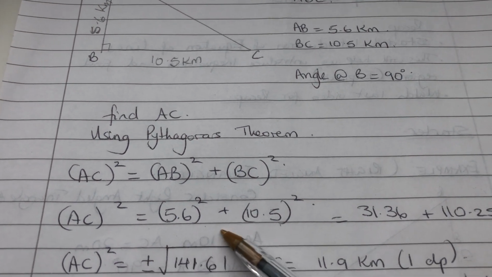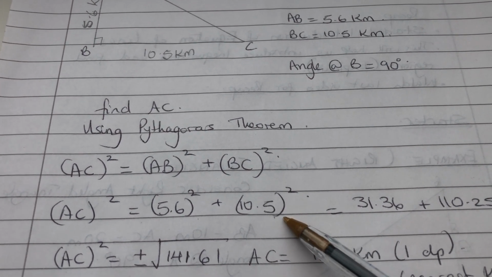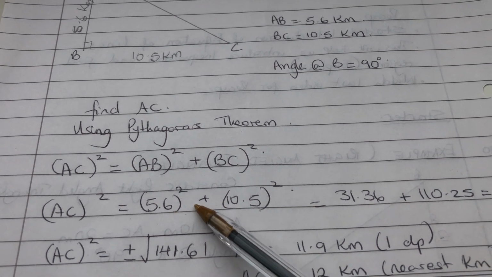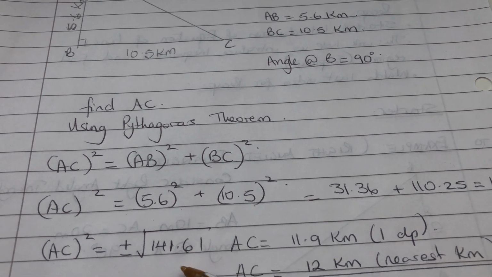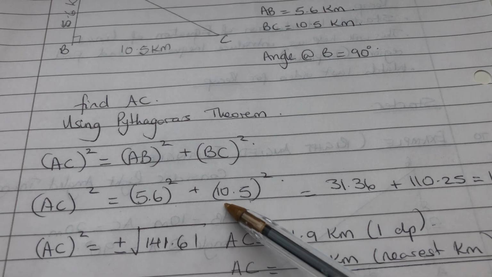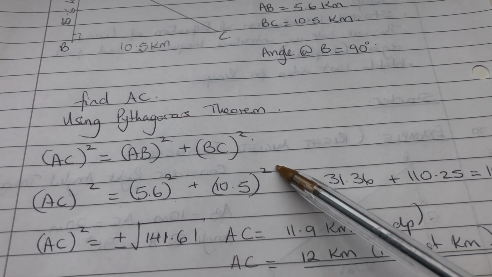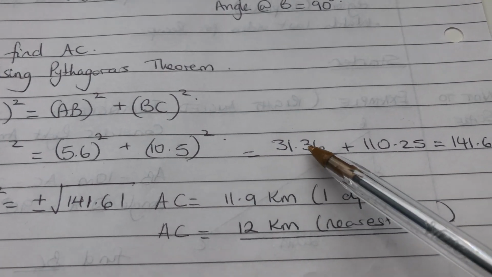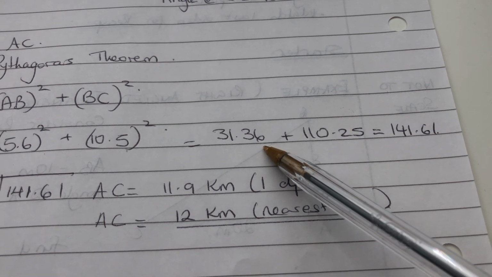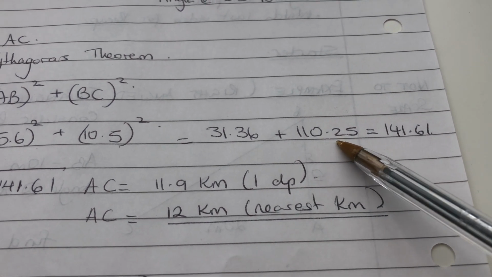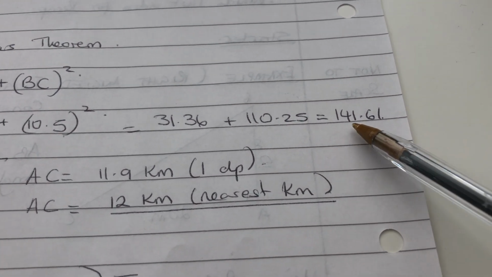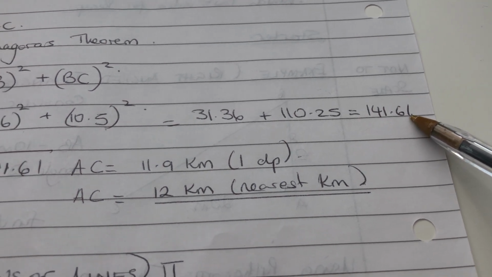So AC all squared, this is where we are now, 5.6 all squared plus 10.5 all squared will give you 31.36 plus 110.25, which is 141.61.